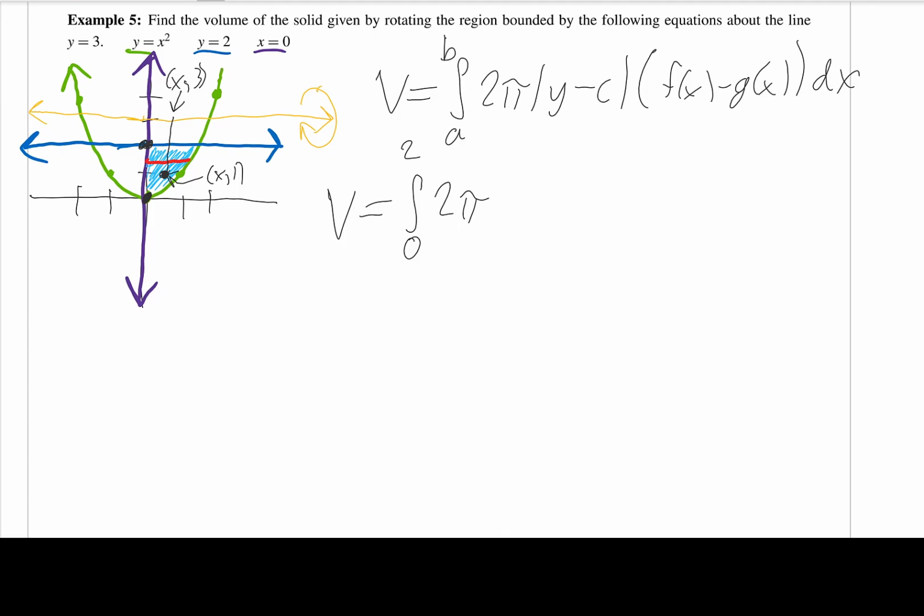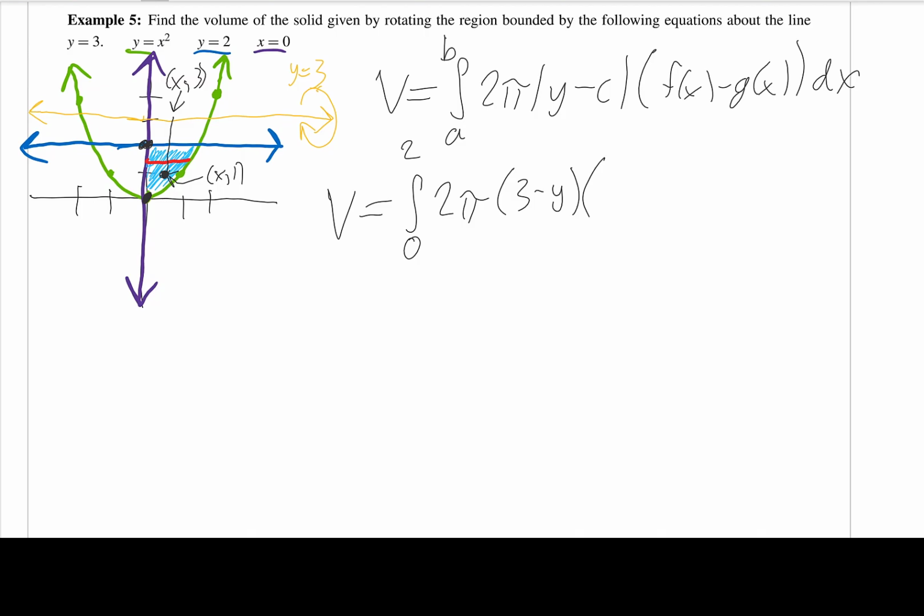And so the distance between these 2 points should be 2. And we get that by doing 3 minus 1. So it should be 3 minus whatever the y value is of the point in our region. So this absolute value of y minus c, remember this is y equals 3, so our c is 3. This absolute value of y minus c becomes 3 minus y to make sure that we get a positive number.